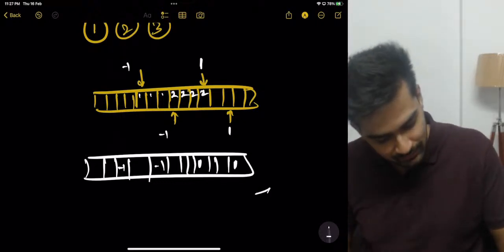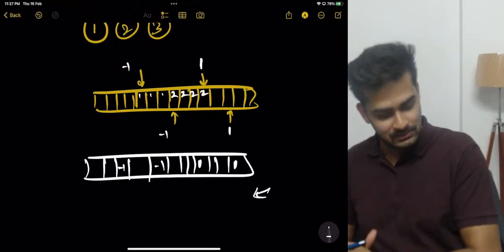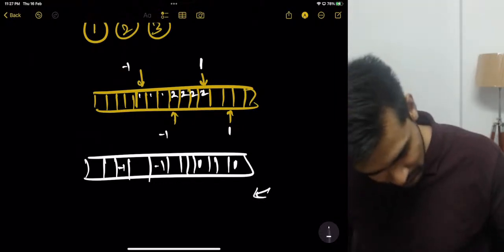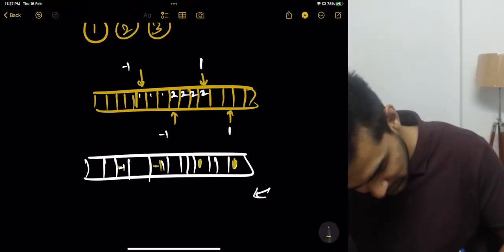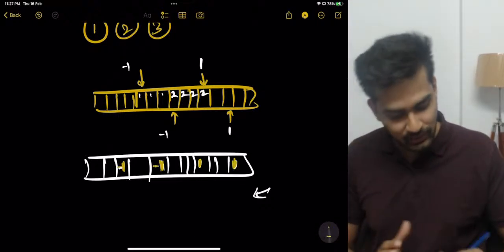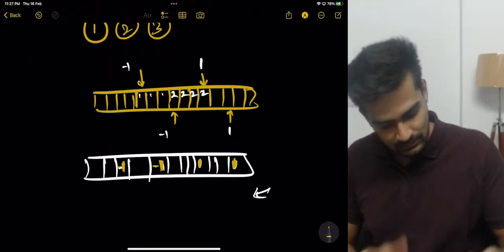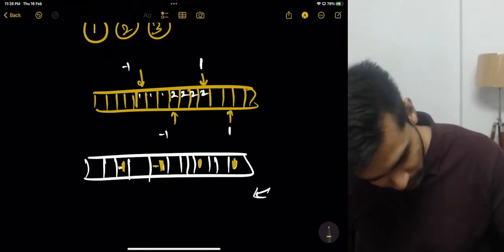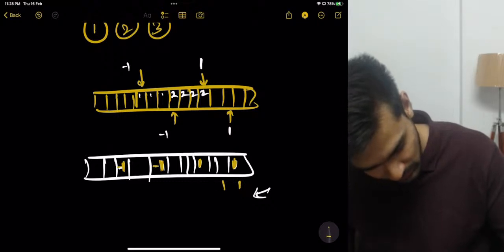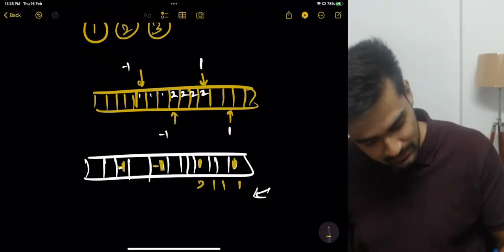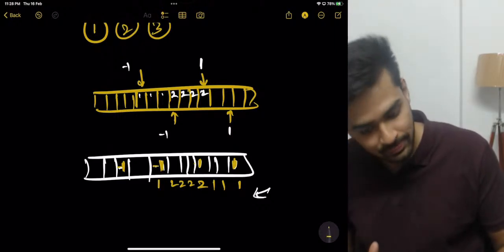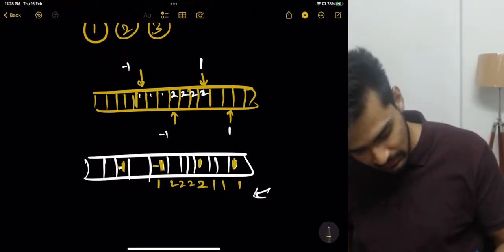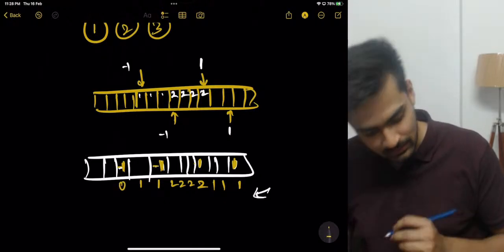Now if you find the prefix of this in the opposite direction, this is 1, this is 1, this is minus 1, this is minus 1. The prefix comes out to be 1, 1, 1. Now 1 is added, so this becomes 2, 2, 2, 2. Now 1 is decremented, then again 1, and now 1 is also decremented to 0.